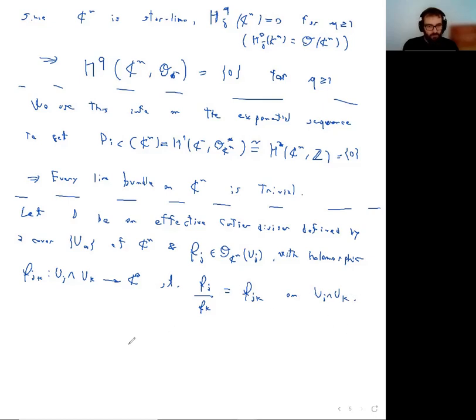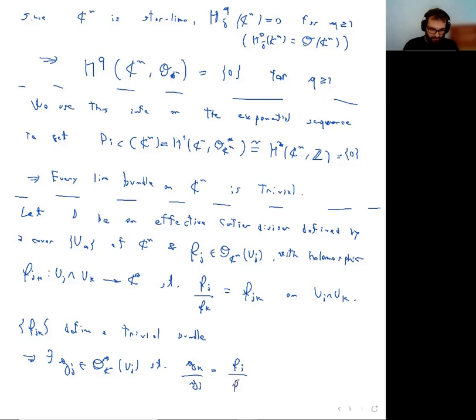And we know that this defines a bundle, and we know from before that this is a trivial bundle. So the fjk define a trivial bundle. And what does it mean to define a trivial bundle? It means that there exist some never zero holomorphic functions gj on Uj, such that gk over gj is equal to fjk, so fj over fk on Uj intersect Uk.